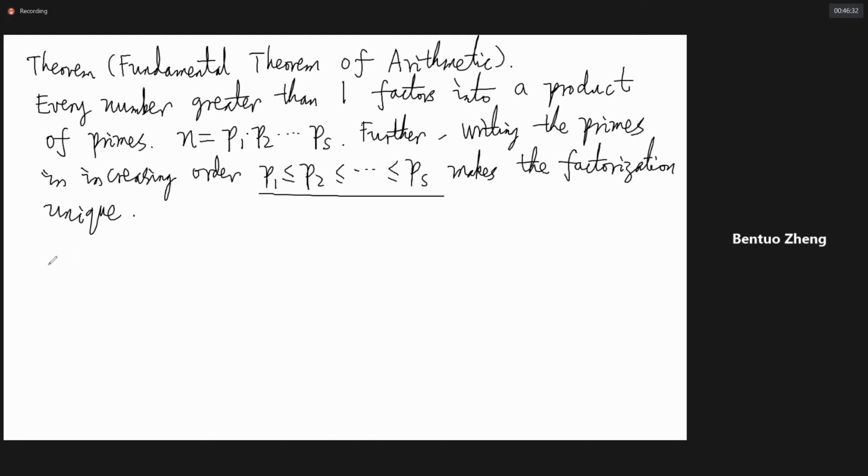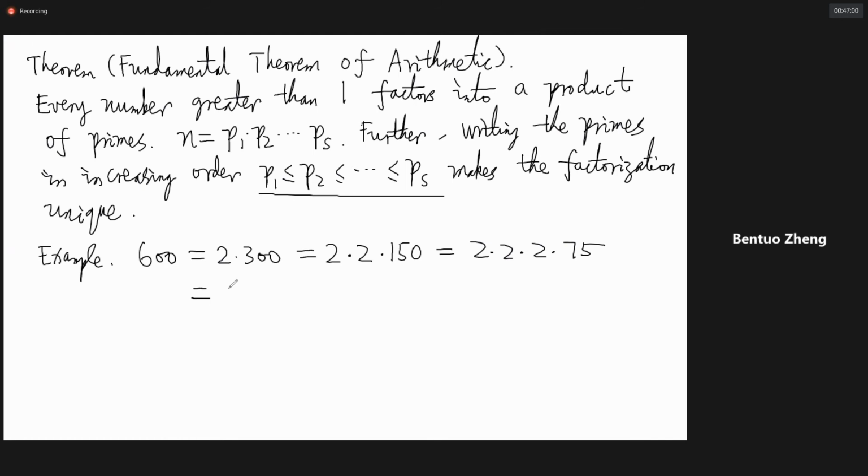So for example, if you look at 600, we write it as 2 times 300, and then you factor another 2, 2 times 150, you factor another 2, which is 75. And then you can see we can factor 3, which gives 25.